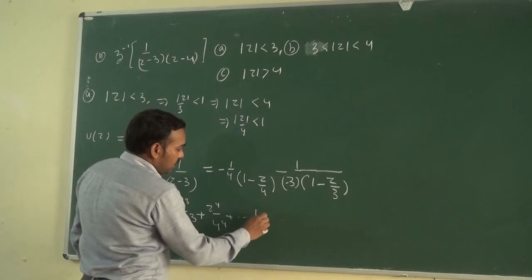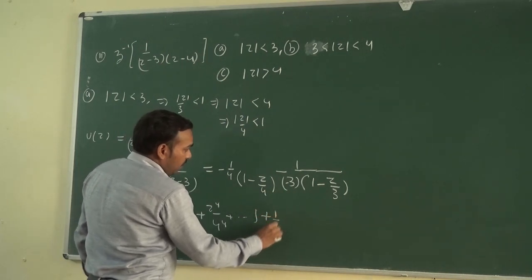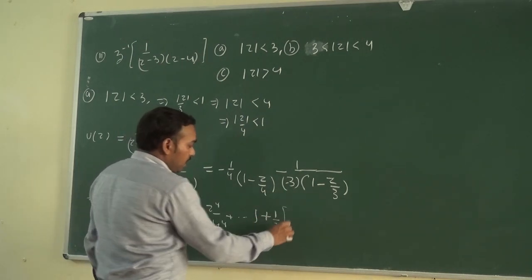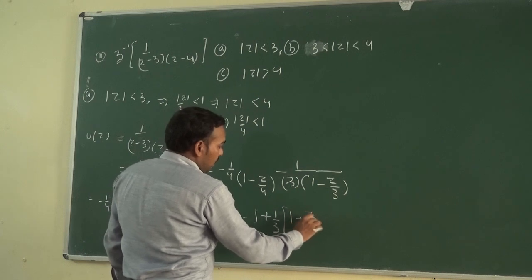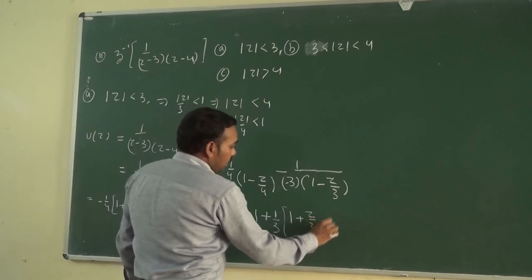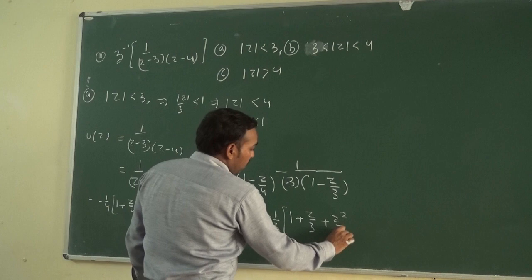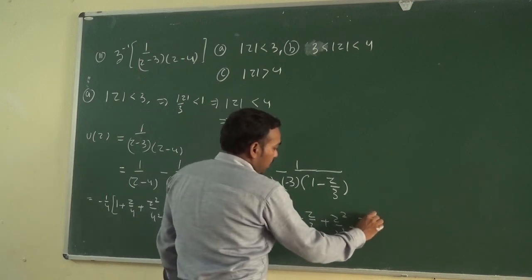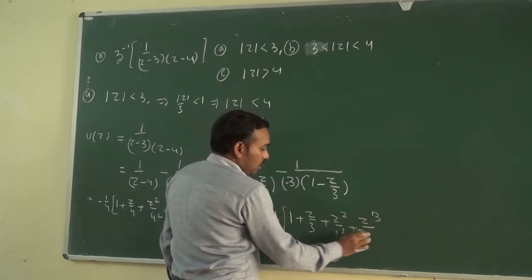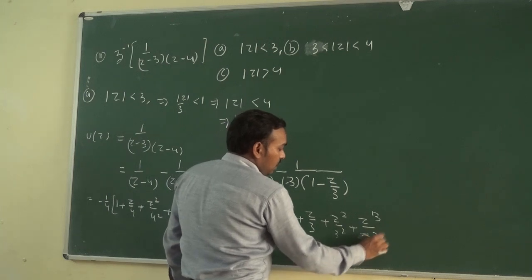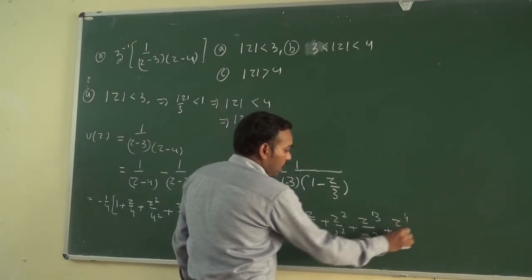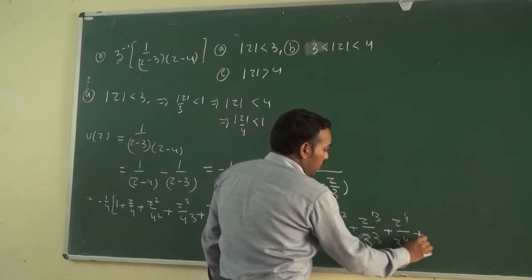And here minus minus plus, 1 upon 3, and expand this: 1 plus z upon 3 plus z square upon 3 square plus z cube upon 3 cube plus z to the 4 upon 3 to the power 4 and so on.